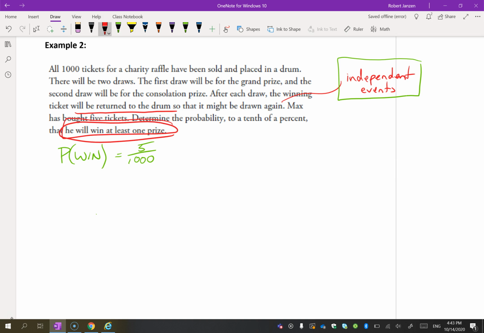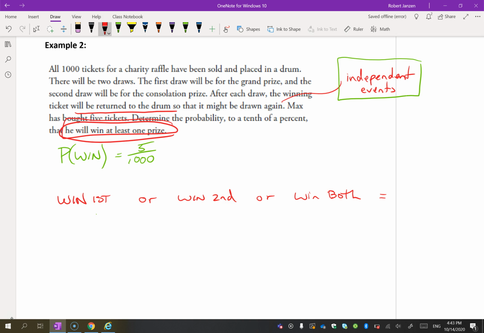Now, there's a couple of ways we can do this. The first one is to think, well, he could win the first draw, or he could win the second draw, or he could win both draws. He could win both times. And if we did this, we could figure out the probability of winning.